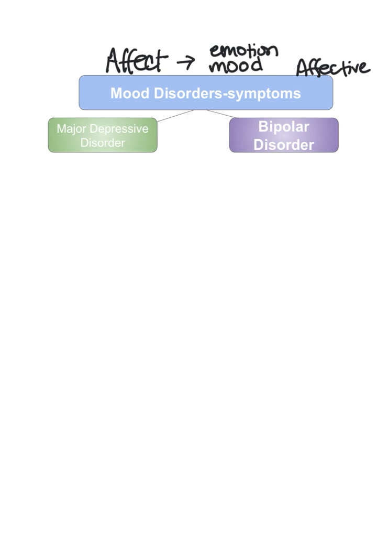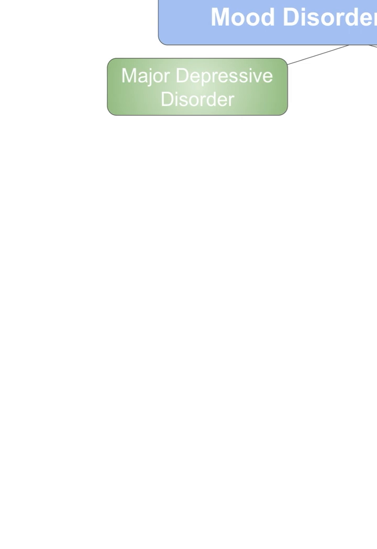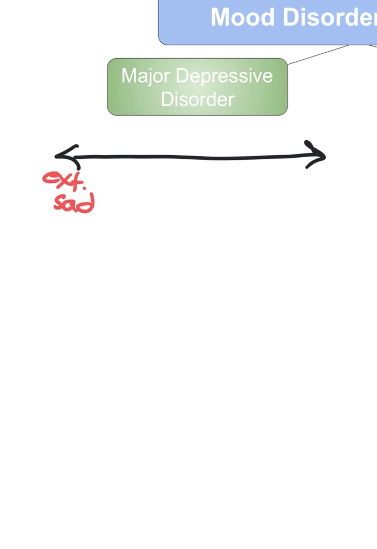I'm going to make this a little bit bigger so I can write a little easier. I want you to think about a single day in your life. During the day, if I put a scale here, you have extremely sad on one side, but then you can also have extreme elation or happiness on the other side. Throughout the day, you move within here.